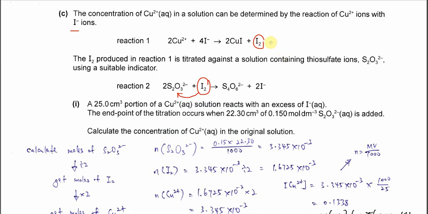When the blue-black forms, we titrate the mixture with thiosulfate until the blue-black disappears, which means all the iodine has been reacted with the thiosulfate. When there is no more iodine, the blue-black will disappear. That's why we use starch as the indicator, and we don't use the brown color of iodine.